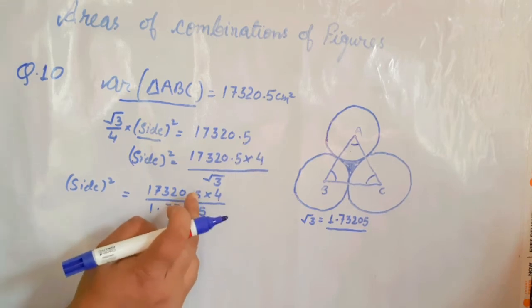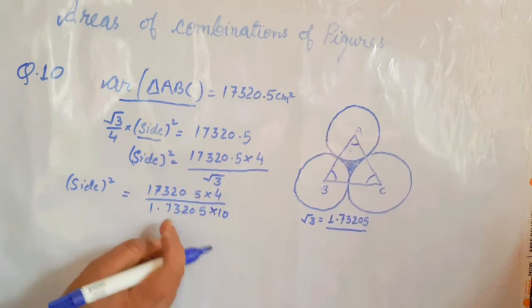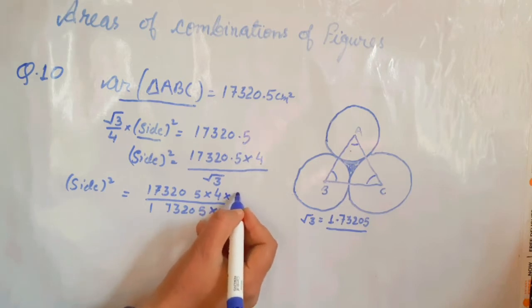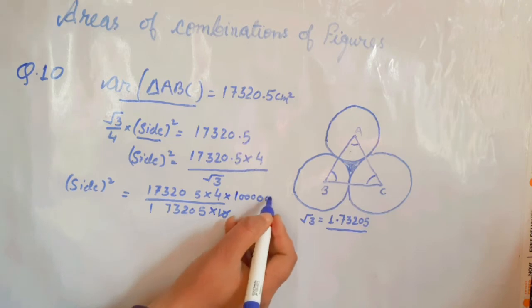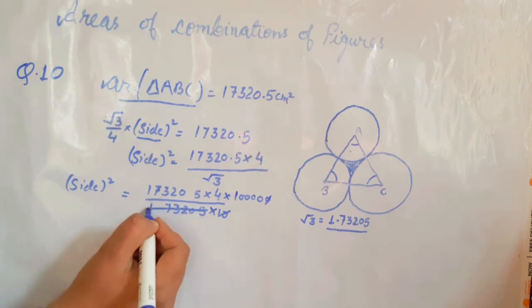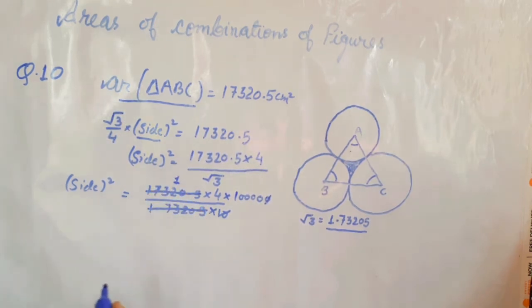So remove the decimal, its 10 will go in denominator and its 1 lakh will go in numerator. 1 and 5 zeros. 10 say 1 0 cancel, then 1,73,205 ones are 1,73,205.